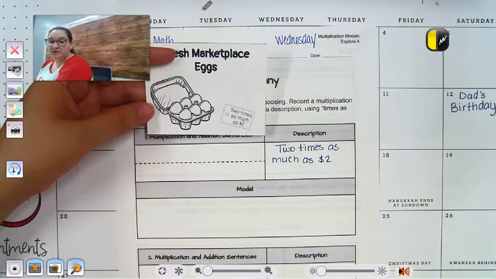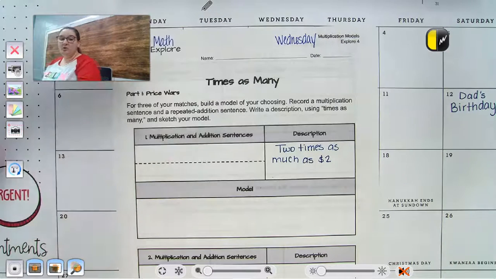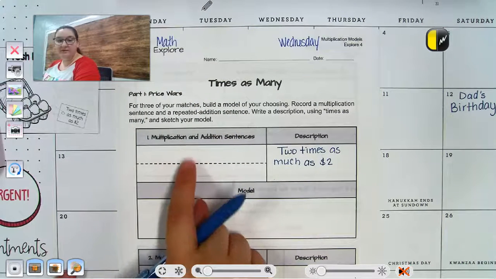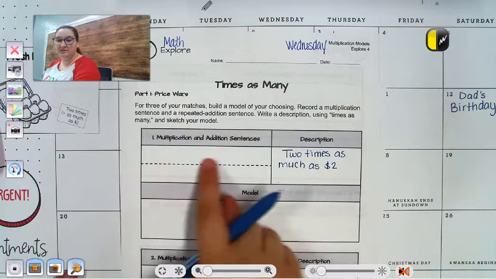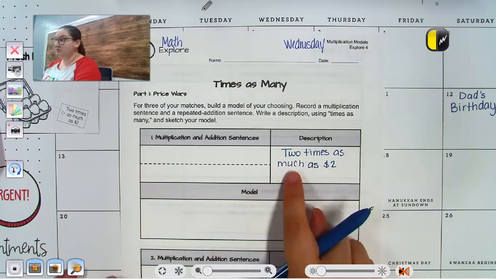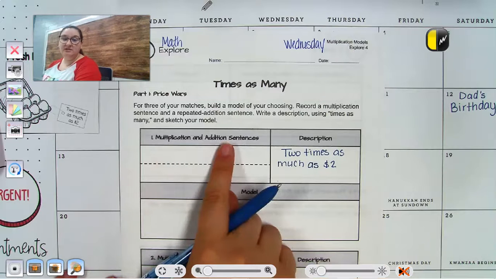Okay, so what would that look like in a multiplication sentence? I'm going to write here. I have these 2 boxes separated by this dotted line, and it's wanting me to show 2 times as much as $2 in a multiplication equation and an addition sentence.